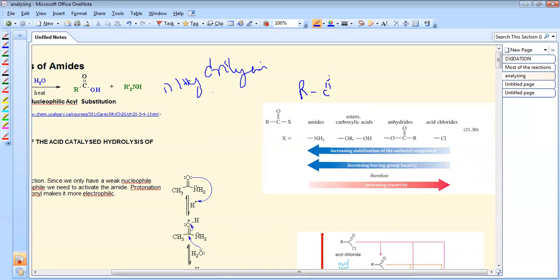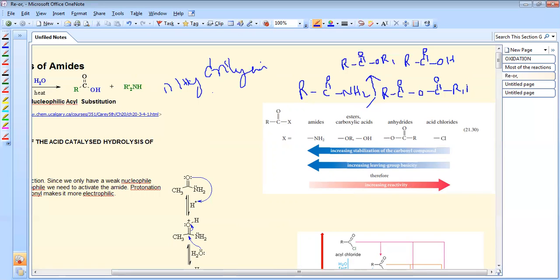R-C=O-NH2. Next is anhydride, R-C=O-O-C=O-R. Then ester, and followed by carboxylic acid, which we have already studied extensively. And the last one is acyl halide, that is R-C=O-X.